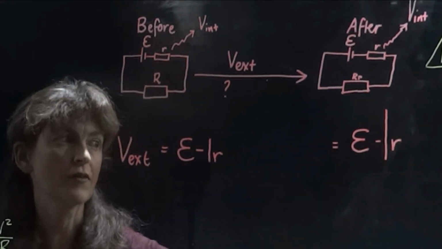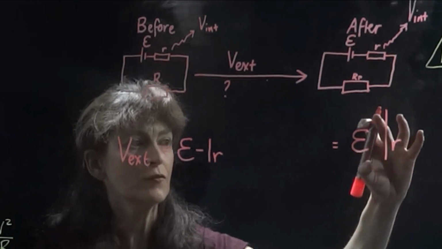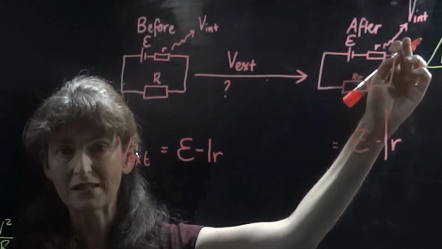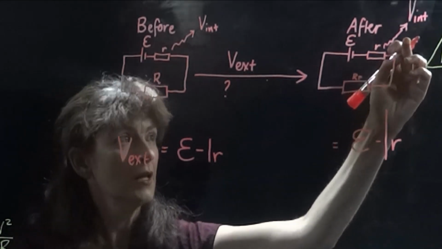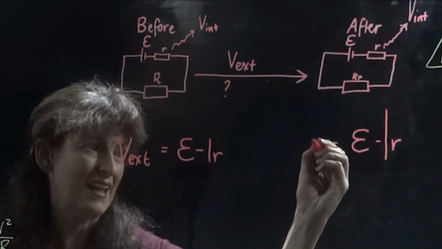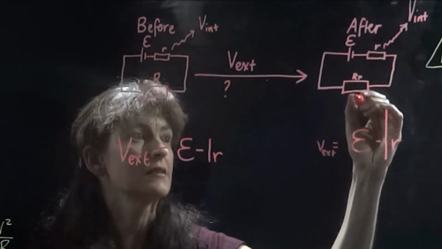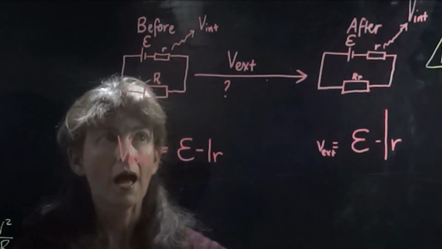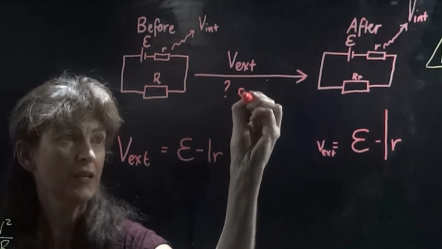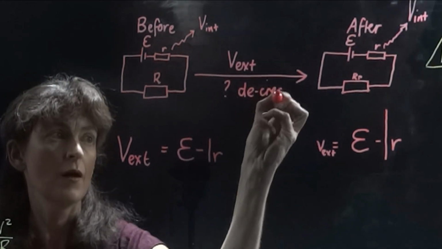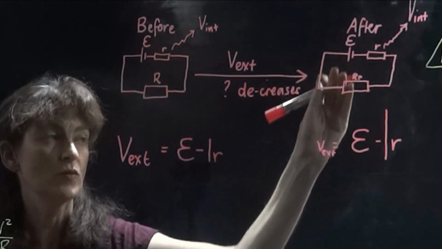I'm trying to write the R the same. So we can see that, of course, here there's more to subtract away, which is the same as saying there's a greater V internal. So that leaves less for the other resistor here, V external. And so from that we can see V external decreases when we add more resistors in parallel.